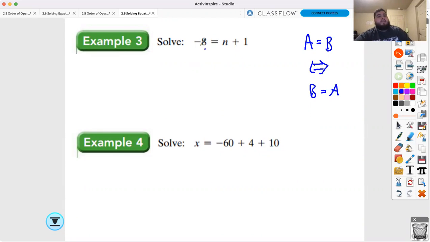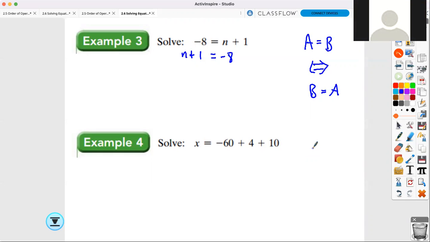So instead of having the number by itself on the left side, I can rewrite it as n plus 1 equals -8. And it means the same thing. And I know some of you are wondering, why is he doing that? Why does that matter? Well, for me, I like to have the variables on the left-hand side. It makes solving smoother and easier and less confusing.